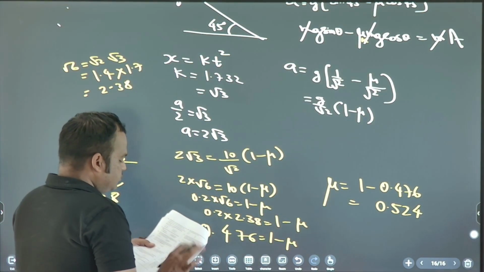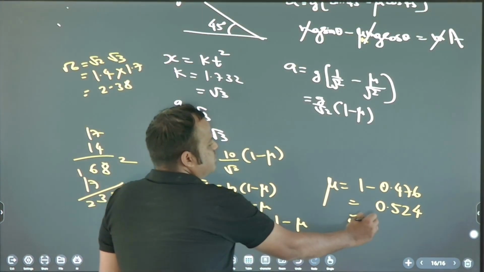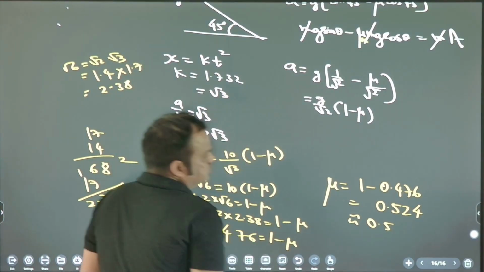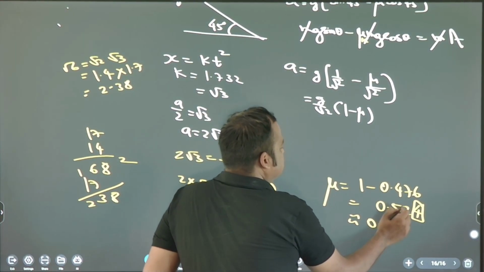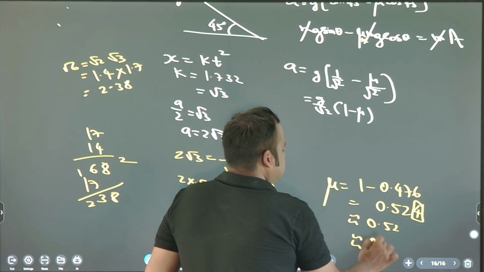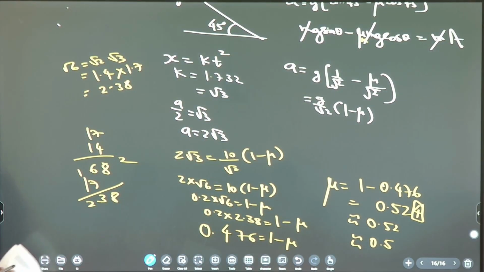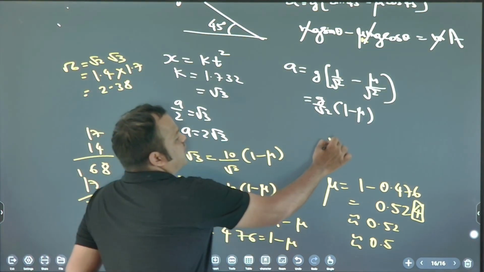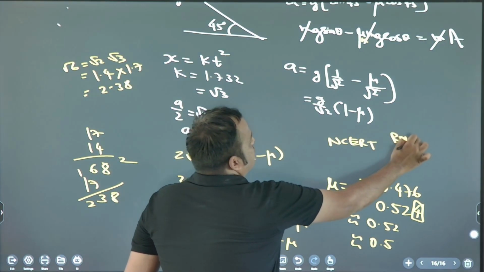Okay, so first option, note down, first option, approximately 0.5. If you remove this 4, it will become 5.2. Now remove 2, so it will become 0.5. In NCERT there is one chapter on rounding off.